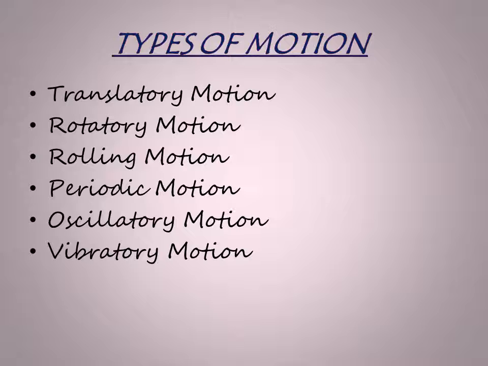Then we have rolling motion, the movement of rolling. Then periodic motion, that means the motion is of a certain period. We have oscillatory motion, like oscillation, like a pendulum. And at last we have vibratory motion. So we will talk about translatory motion.